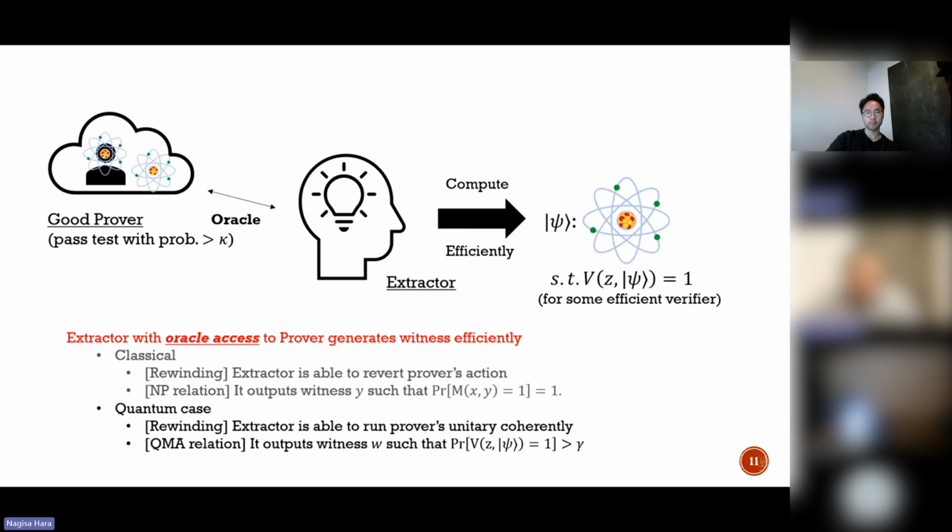Exactly, that's what I would have thought. You can get arbitrarily close to one, completeness and soundness. Or is that not trivial? Because you don't have many copies of the witness, right? There are some rewinding results for amplification. I forget.